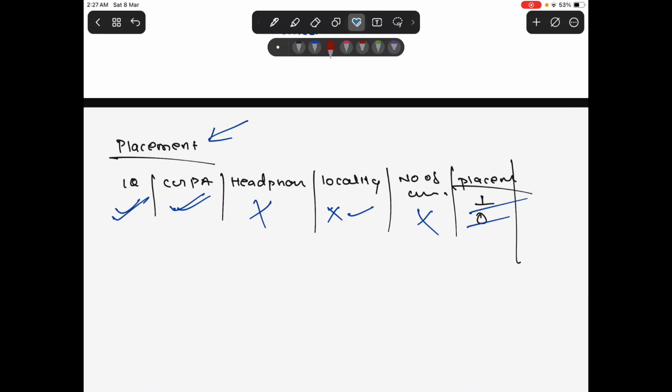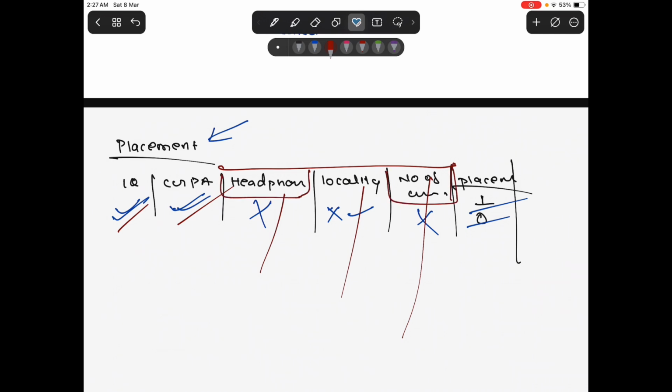As you can see, this column is important, this column is important, and this is not important, this is not important, this is not important. If we consider the headphone column or number of chairs column for training our model, it will actually decrease the accuracy of our machine learning model or deep learning model, and it will also increase the hardware complexity.